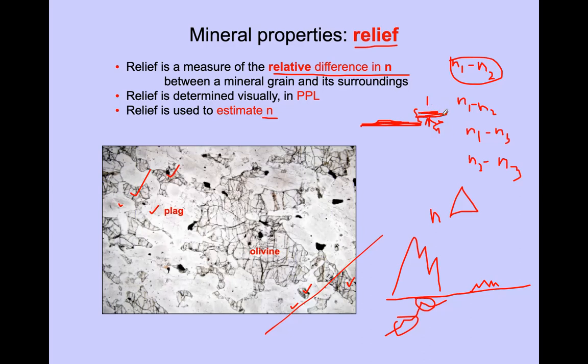So you have the mineral, and the light is passing through that. Light passes first through the glass, and then through the glue, right? Then after that it enters the mineral. So this n minus n2 means the difference between the mineral refractive index and the glue refractive index, right?